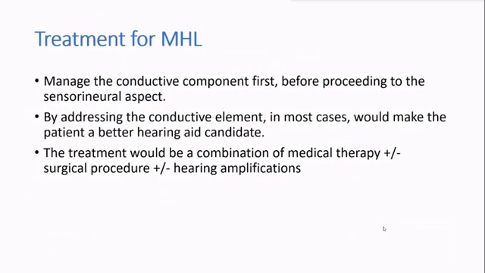If it's middle ear effusion, we can treat it medically with intranasal steroid, antihistamine, or to reduce the fluid in the middle ear. If it's persistent, we can also perform myringotomy and grommet insertion. But the sensorineural part, which correlates to the cochlear hearing loss, is usually irreversible and has to be rehabilitated by means of amplification using a hearing aid or cochlear implant.